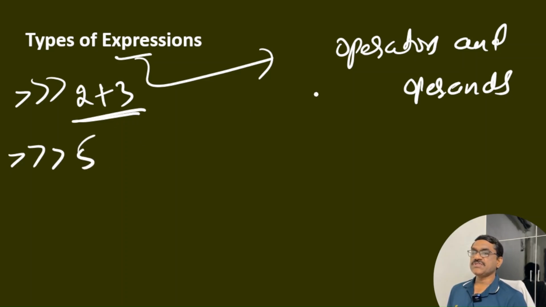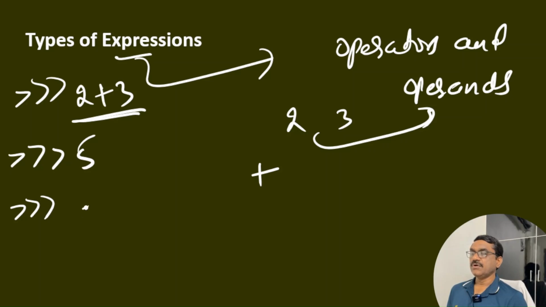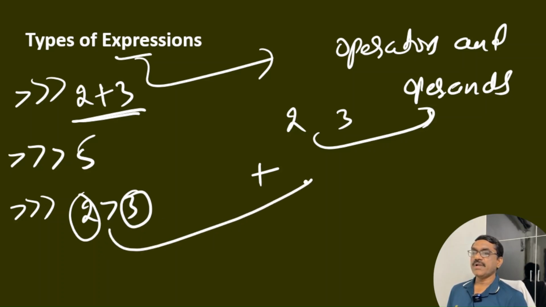In this expression, 2 and 3 are known as operands, and plus is the operator. If you take any other example, 2 is greater than 3. In this case, 2 is an operand, 3 is also an operand. The operator here is the greater than symbol. That's why I can say that an expression consists of operands and operators.